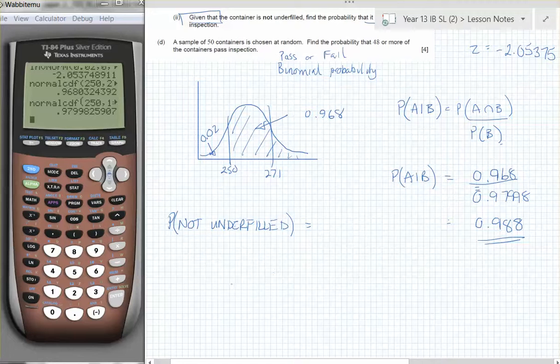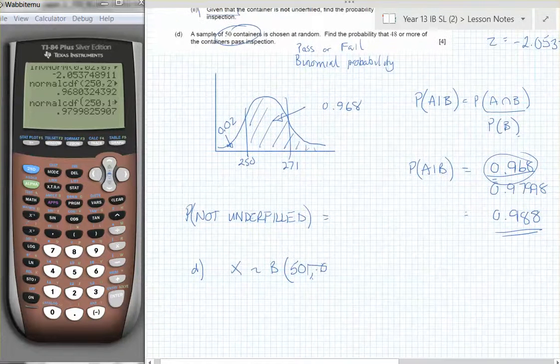So what we are looking for, so part D, is this notation, binomial, where we do 50 trials, so 50 containers, and the probability of it passing was the previous question, 0.968. So we've got that as our notation.